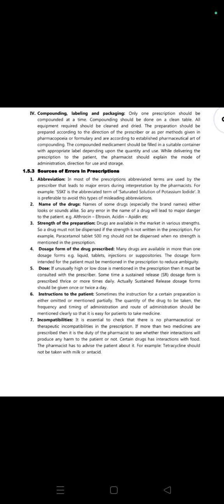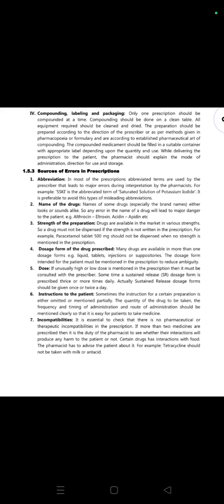Only one prescription should be compounded at a time. Compounding should be done on a clean table. All equipment required should be cleaned and dried. The preparation should be prepared according to the direction of the prescriber or as per methods given in the pharmacopoeia or formulary, and according to the established pharmaceutical art of compounding.